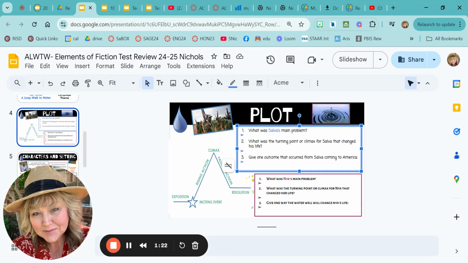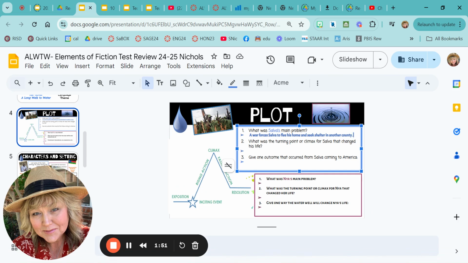So Salva's main problem is that a war forces Salva to flee his home and seek shelter in another country. Now, there are a lot of different types of conflicts, but that was his primary problem.